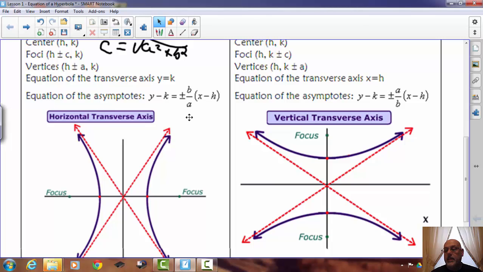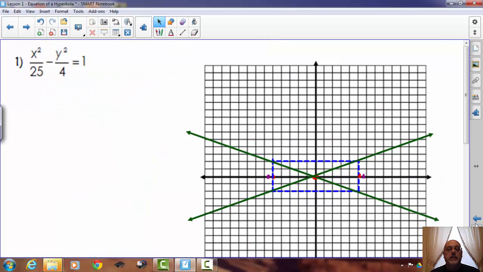So in the example I just showed you, b was 2, a was 5, so the slope is 2/5 and negative 2/5. That may make a little more sense if we start at the origin, up 2 over 5. Start at the origin, and the other asymptote is down 2 over 5, so plus or minus 2 over 5.